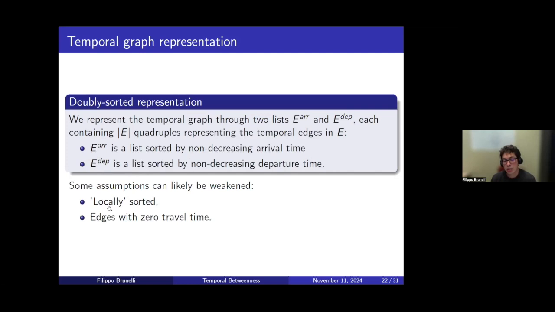We can just focus on preserving the order for edges that are arriving or departing from the same node. And this is especially true for the computation part of the optimal temporal walks. For that part, we are sure, but for the second part of the algorithm, it's still not clear if we can work with this type of lists.